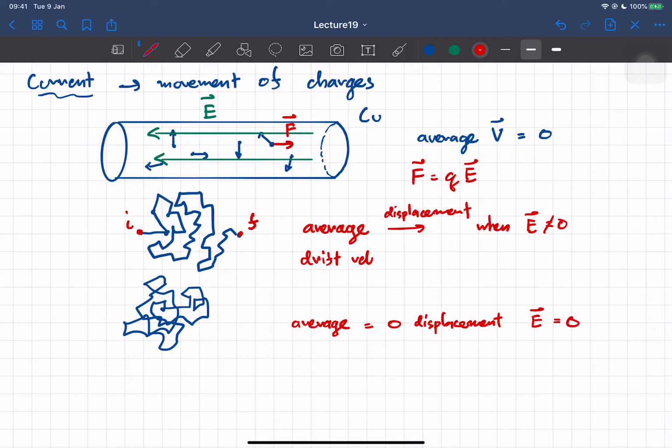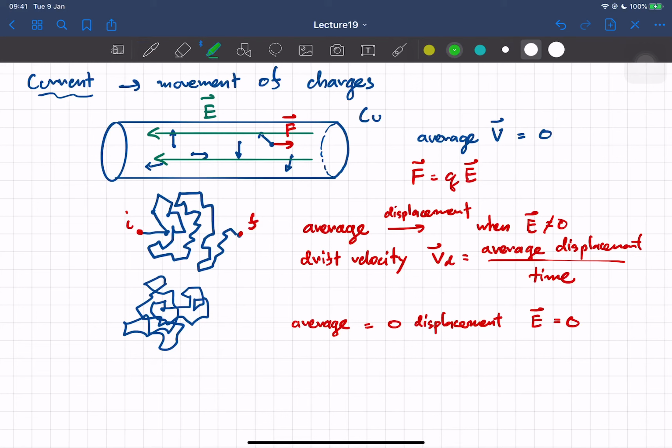Drift velocity is Vd equal to average displacement divided by time. And the only thing which is very, very important and you need to know is that the drift velocity of the electron is not the velocity of the electron itself.